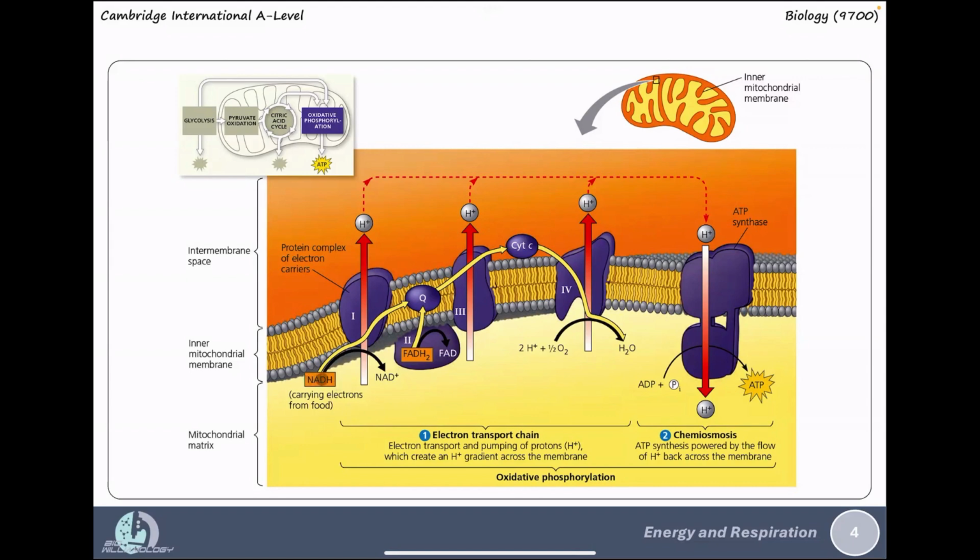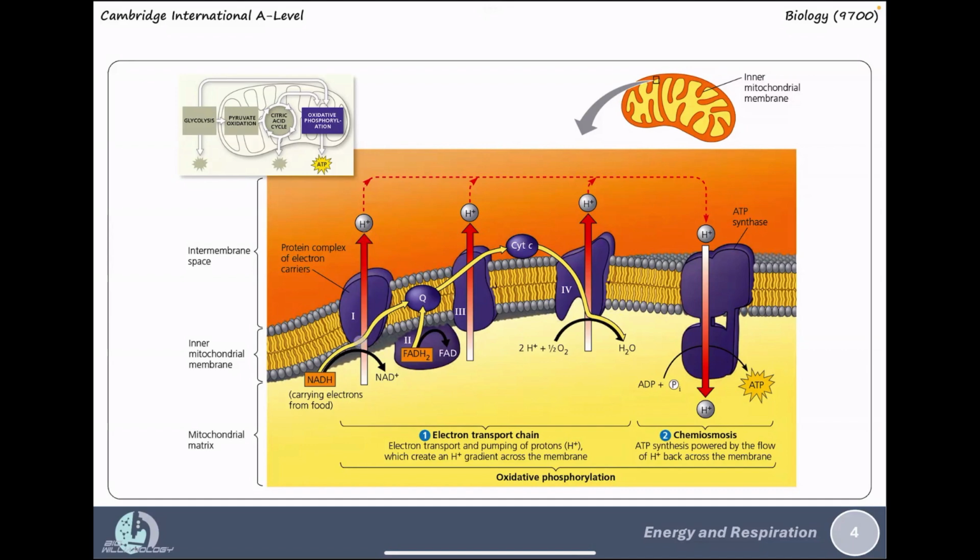These electrons flow through a series of electron carriers which form the electron transport chain. When the electron passes through the electron transport chain, energy is released. This energy is used by the electron carriers to transport protons from the mitochondrial matrix into the mitochondrial intermembrane space.